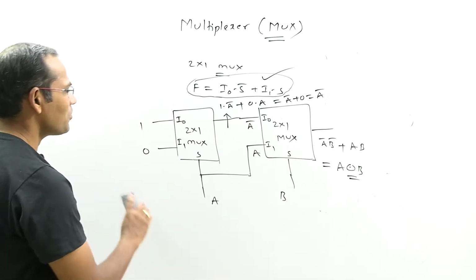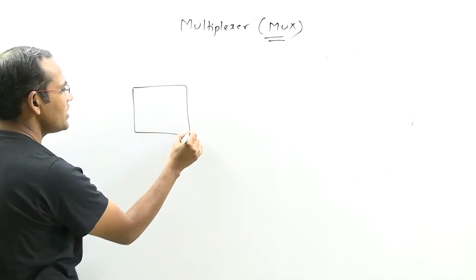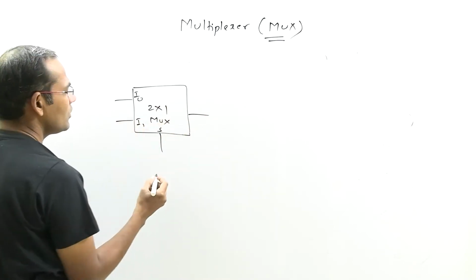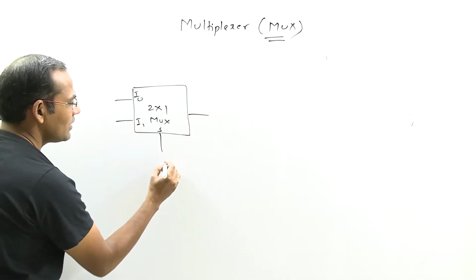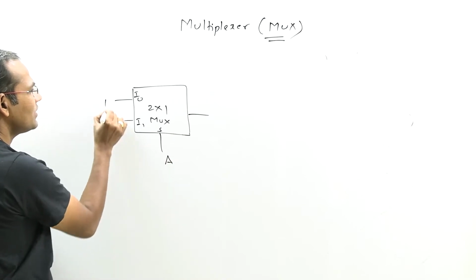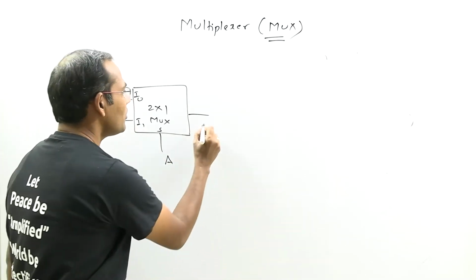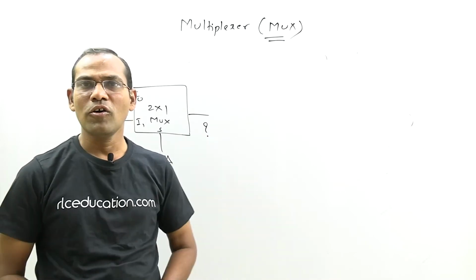We'll see some more examples. Suppose take a 2 by 1 mux. Suppose I connected A here and assume these are the connections. Now I will identify the output expression.